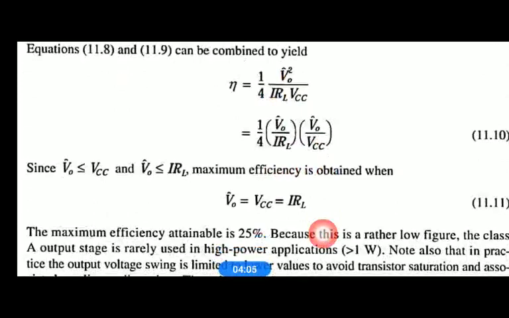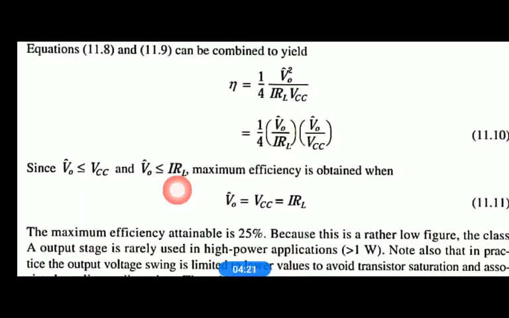You can see that the peak voltage V0 should be less than or equal to VCC, and also less than or equal to I RL.